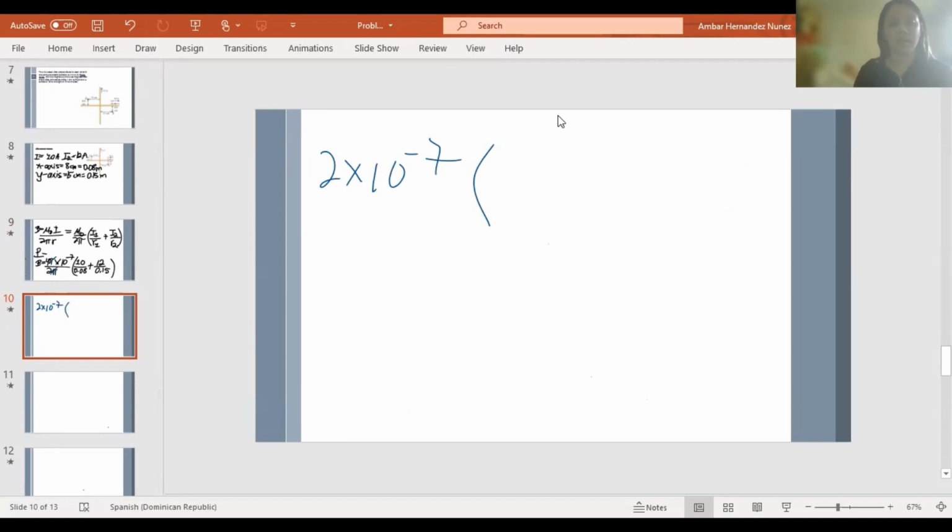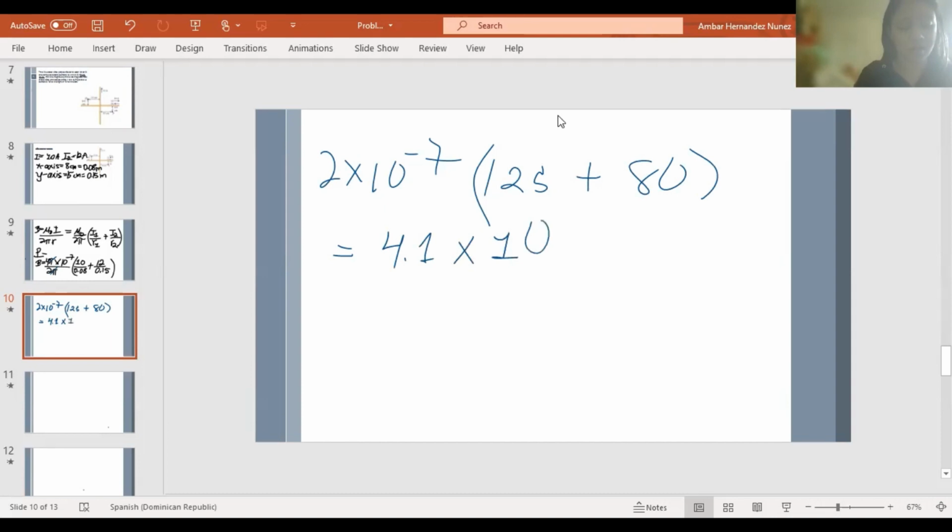We divide 10 by 0.08, and that equals 125, plus 12 divided by 0.15 equals 80. And that in total will give 4.1 times 10 to the negative 5.